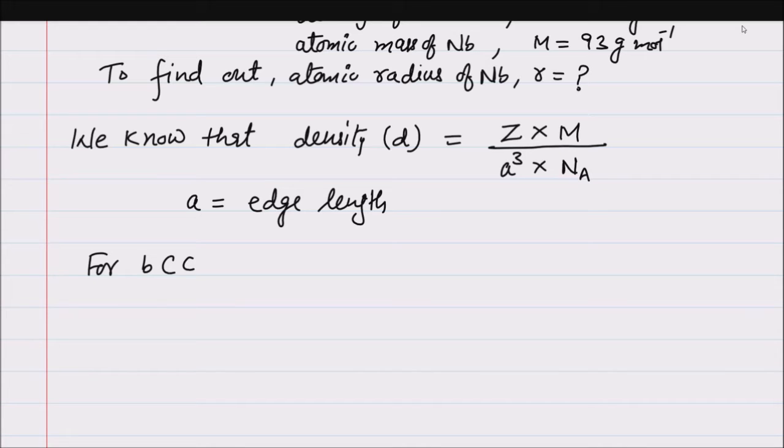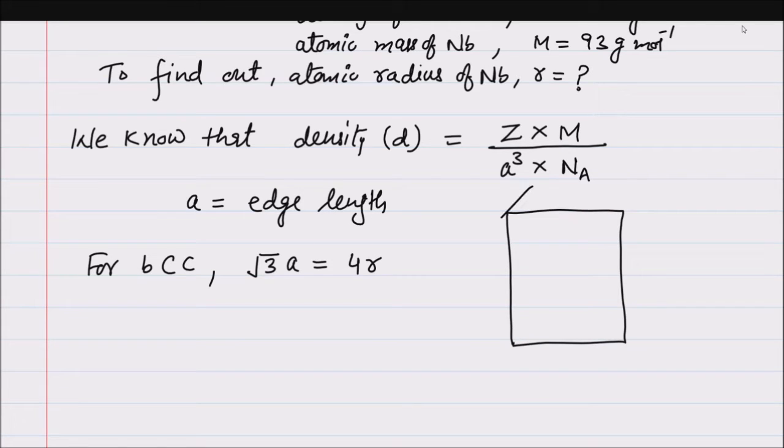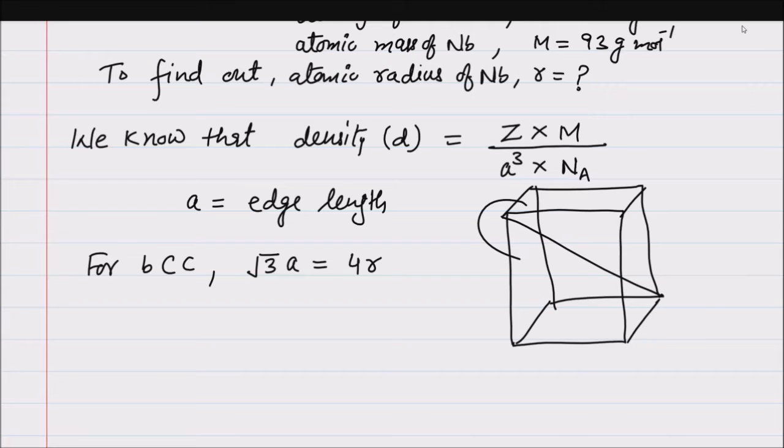For BCC, A is related to R by the relation under root 3 A equal to 4R, because in body centered cubic, spheres are touching along the body diagonal. It is R, it is 2R, and it is R.